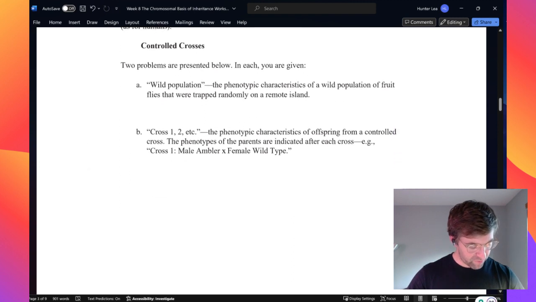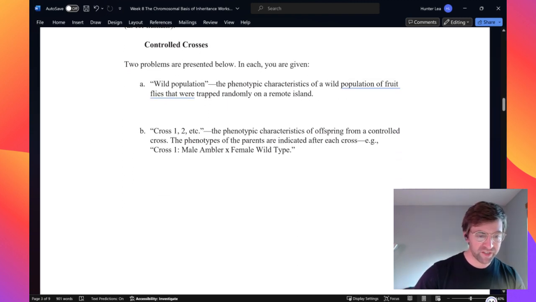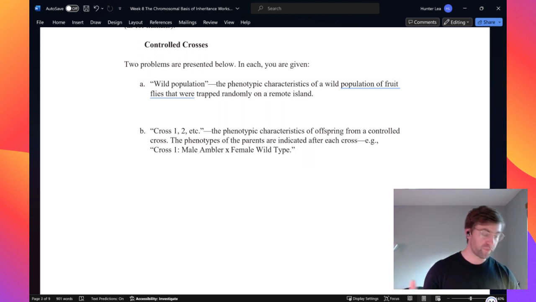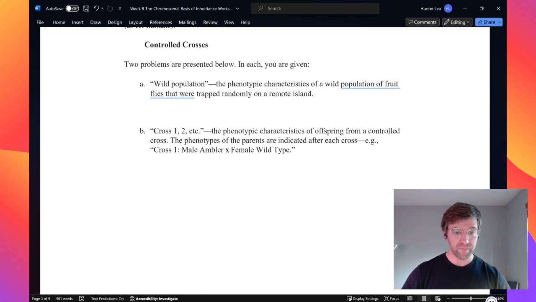All right, so two problems are presented below. In each, you're given a wild population. This simply means what is occurring in nature. The phenotypic characteristics of a wild population of fruit flies that were trapped randomly on a remote island. So in taking this sample, we're making some assumptions about this sample being representative of the total population.